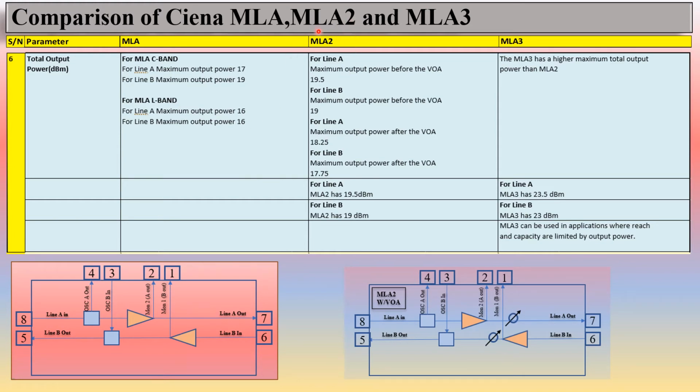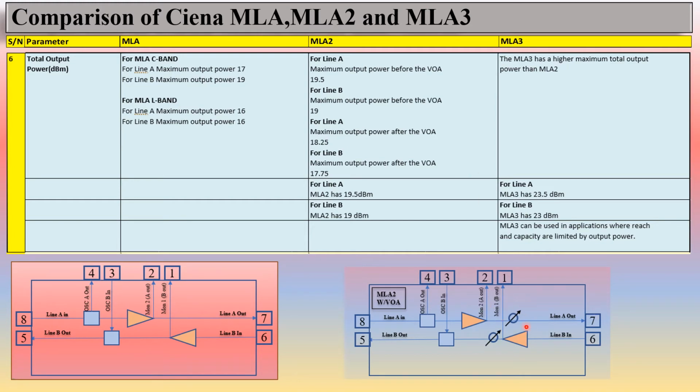In the same case for MLA2 with VOA, for line A, you can see here this is the MLA2 with VOA. Before the VOA, the maximum output power for line A is 19.5, and the maximum output power after the VOA is 18.25.